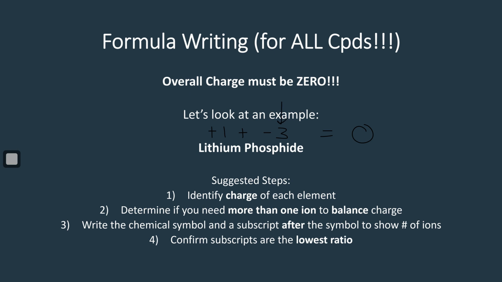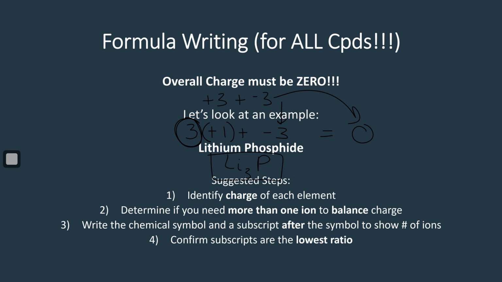That's not allowed. I can't change that lithium is +1. But what I can do is I can say, well, I want 3 lithiums, because 3 times +1 is +3, plus -3, guess what, equals 0. So I'm going to need 3 lithiums, so this would be Li3P. Okay? And that's my official answer for this one, lithium phosphide.